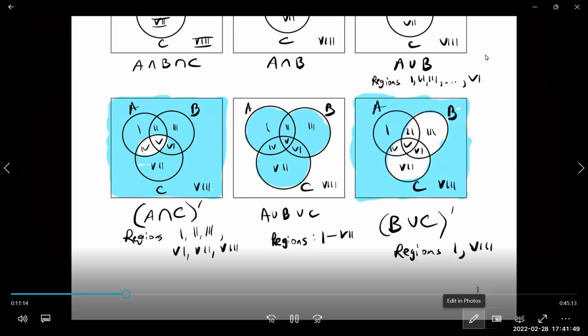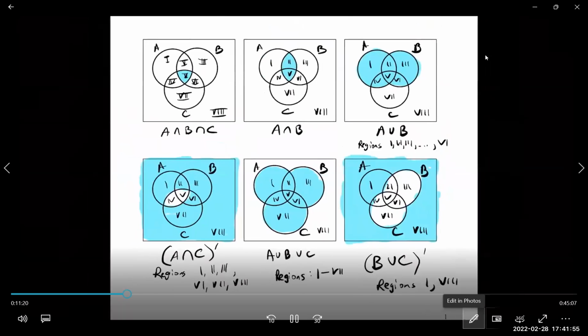All right, yeah, so everything outside of B and C, very good. So that would be it. All right, so that's how you do these problems. All right, let's move on to see what else there is.